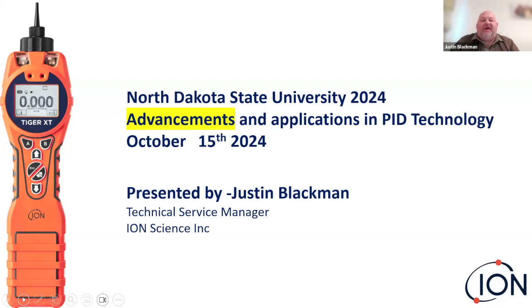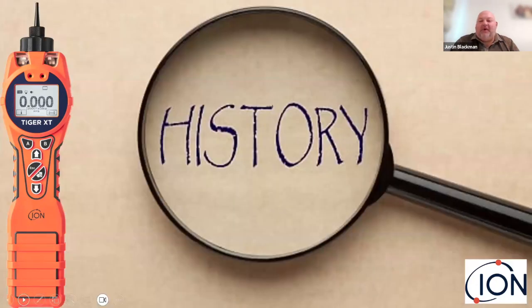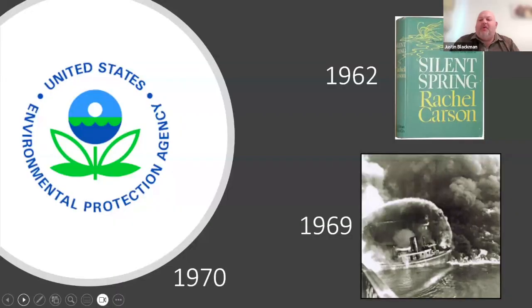we want to look at advancements, and to look at advancements, we really need to know a little bit about the past, where we came from with PID. So a very quick jump back in history, and we can jump all the way back to 1962. Many of you will have read Silent Spring by Rachel Carson.